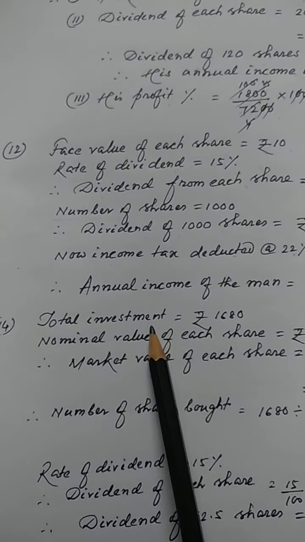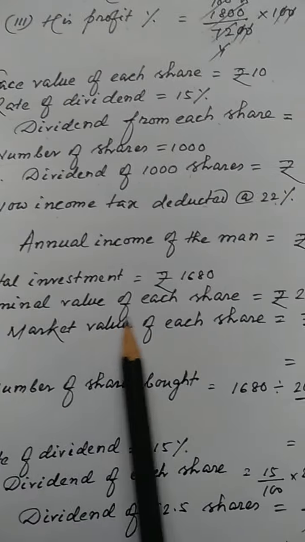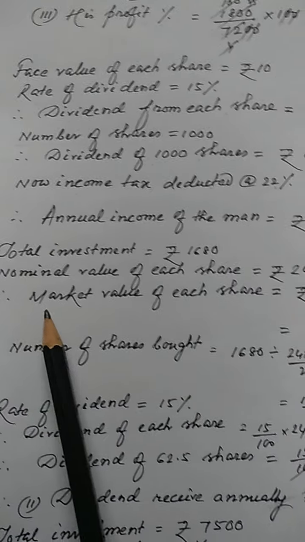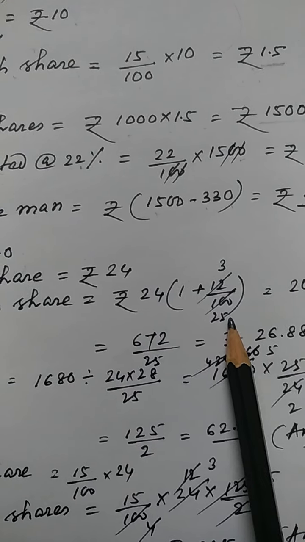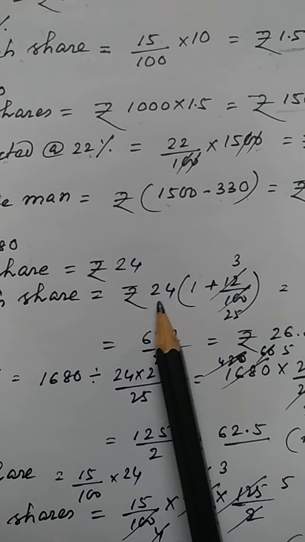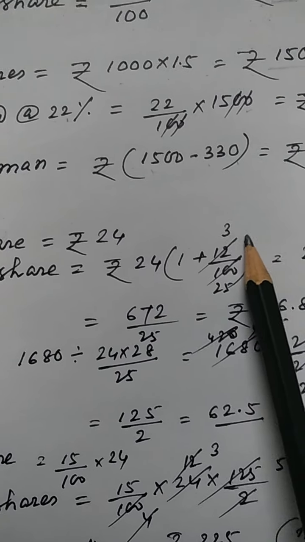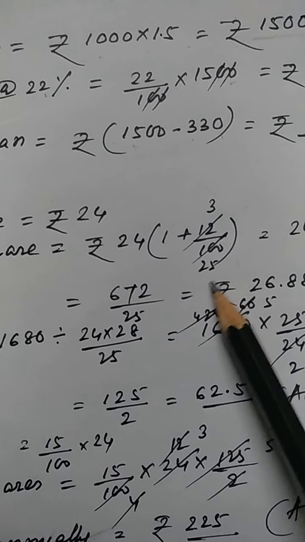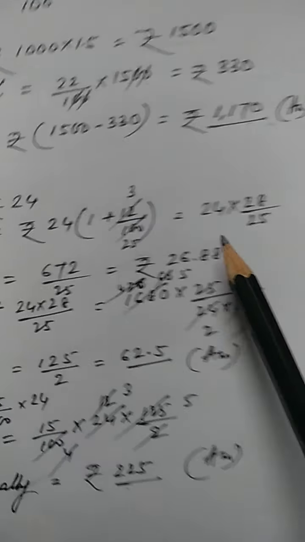So here total investment is 1680 rupees. Nominal value of each share, that is 24 rupees, and then market value of each share, that is 24 plus 12% of 24. So I write it like this: 24 whole into 1 plus 12 by 100, and cancelling this by 4, 3 25s are 75, and taking sum, this will be 28 by 25.